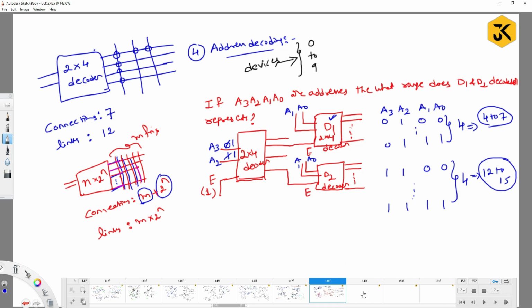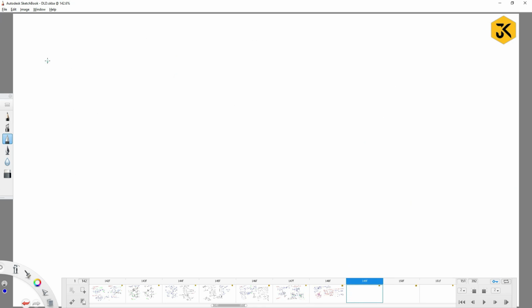So if I conclude, we have seen various kinds of advantages of decoder. What are those? First one is you can go with any kind of basic logic circuits. What is another one? We can simply convert from one kind of input data to another kind of input data.